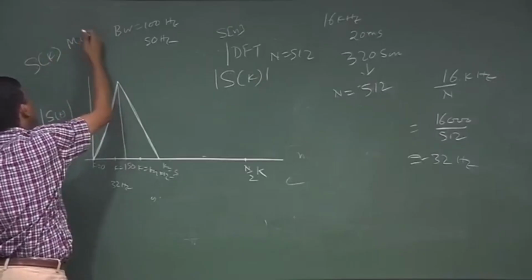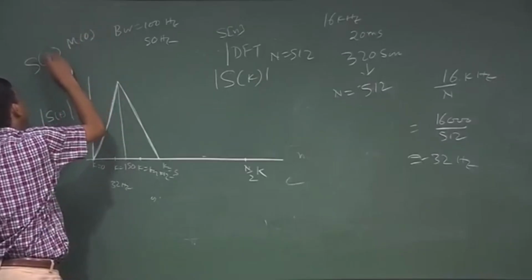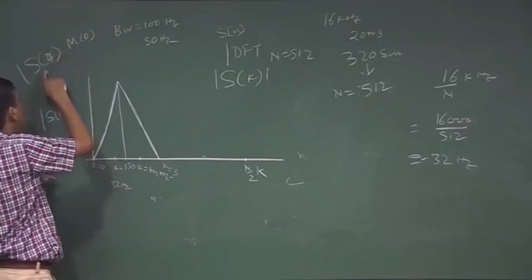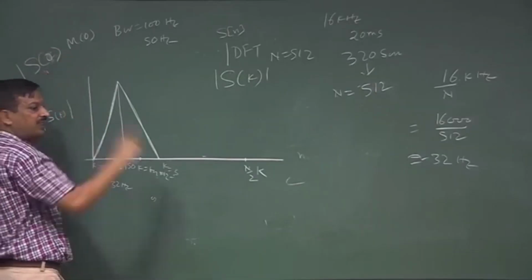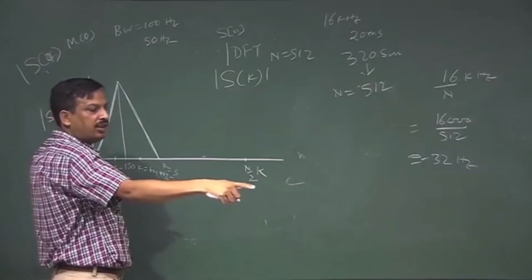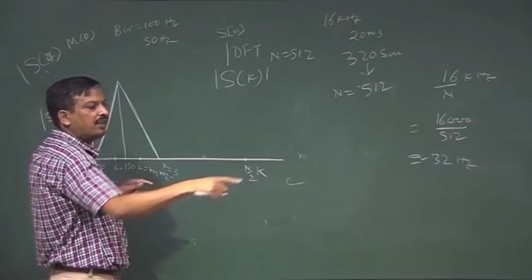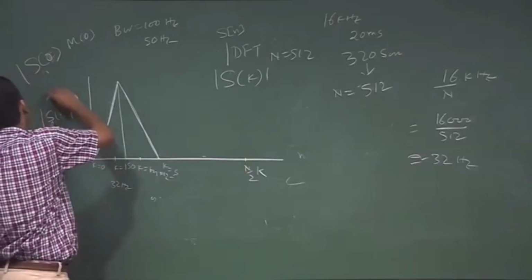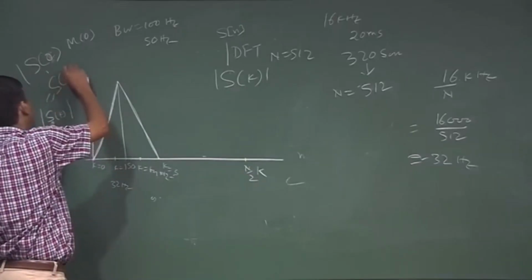Mk means k equal to 0, and Sk at k equal to 0, the mod of Sk, I can calculate. The capital Sk in this equation on the slide represents the mod of Sk, the original spectrum.